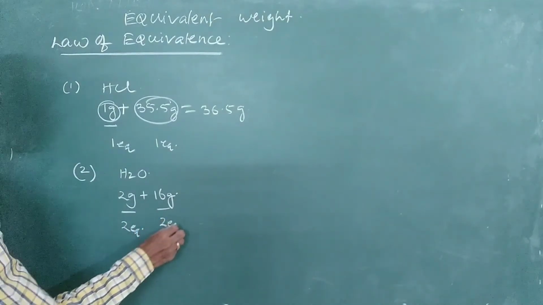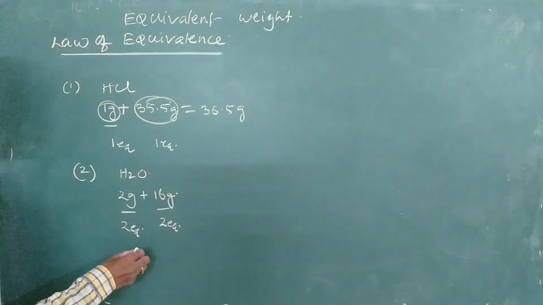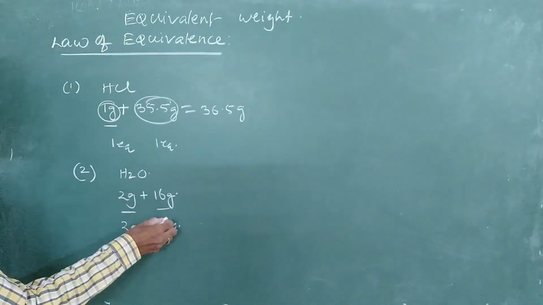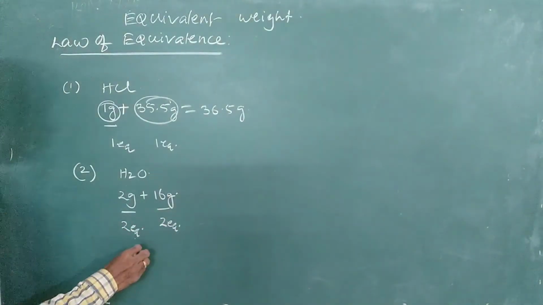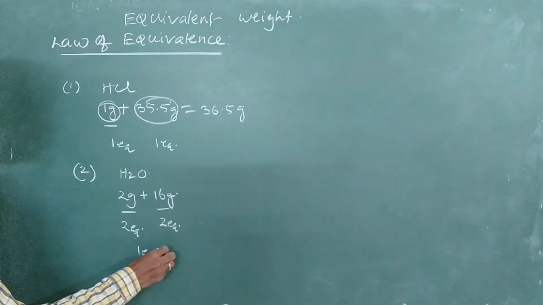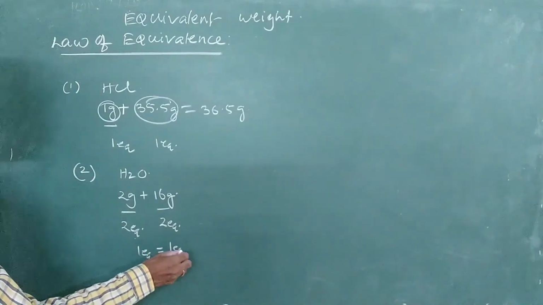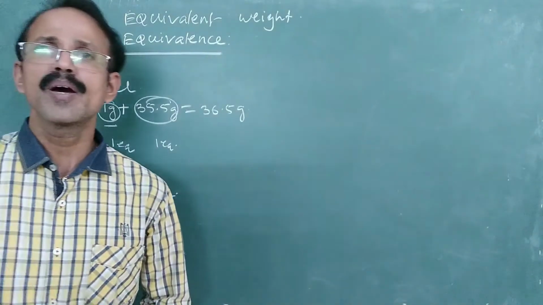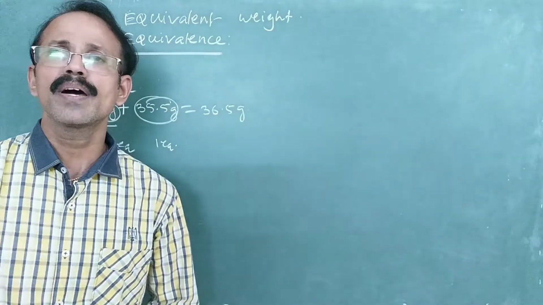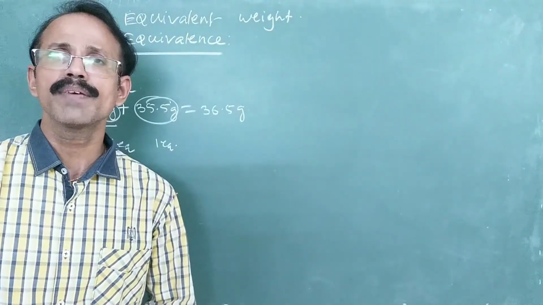So again 2 equivalents are there here. So now 2 equivalents of hydrogen combining with 2 equivalents of oxygen, or 1 equivalent is combining with 1 equivalent. So like this, in any compound, one equivalent of an element combines with one equivalent of other element.